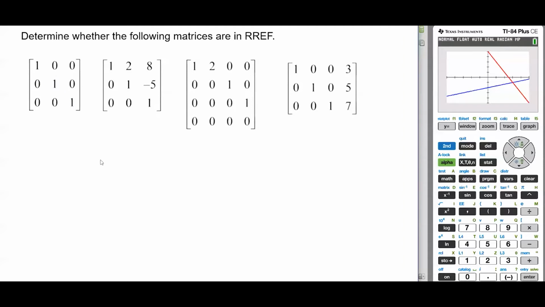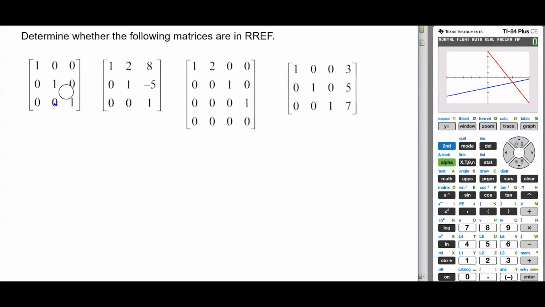They're the first non-zero entries. The leading 1s are also staggered. The next leading 1 is below and to the right of the previous leading 1, and the next leading 1 is below and to the right of the preceding 2 leading 1s. So we have that echelon form.